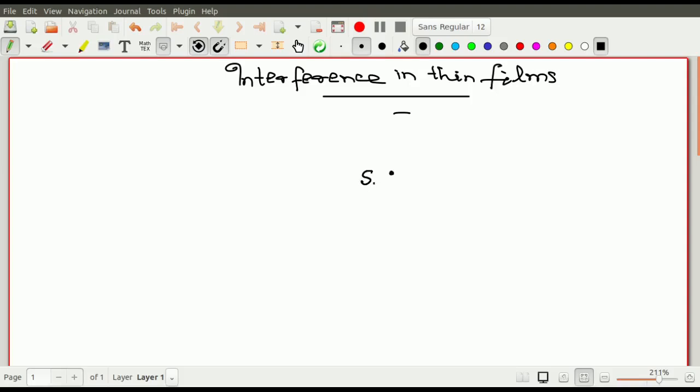From that issue we will get a conclusion, which we are going to use over here.